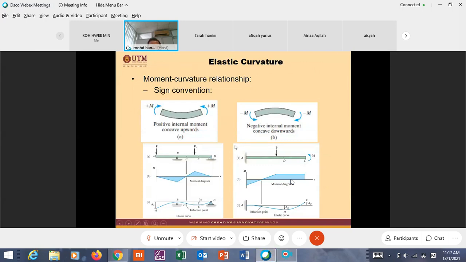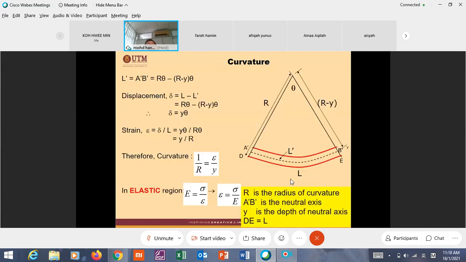For the calculation, which will proceed later, for the sign convention, this is positive moment, this one negative moment. This is downward, this is upward. Just take note when we work with moment. This is the same as in your shear force and bending moment diagram.